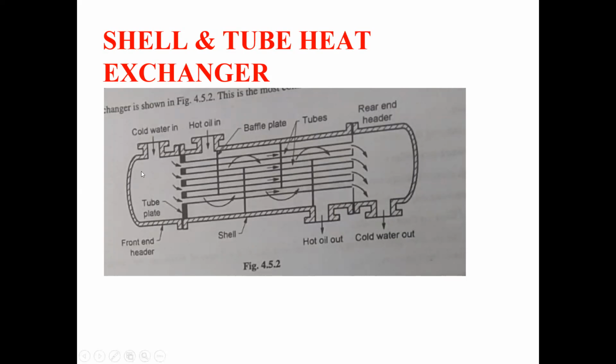Okay, so here you can see this is the tube and shell type heat exchanger. Here what is happening, this hot oil which is coming from the system, we need to cool this oil. So this hot oil comes inside this shell here, and it is moving like this.